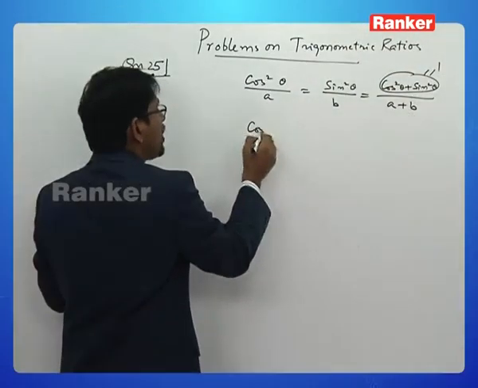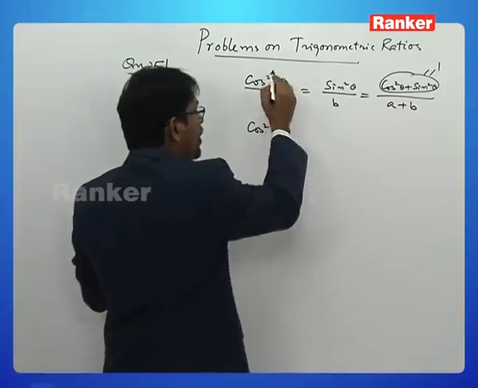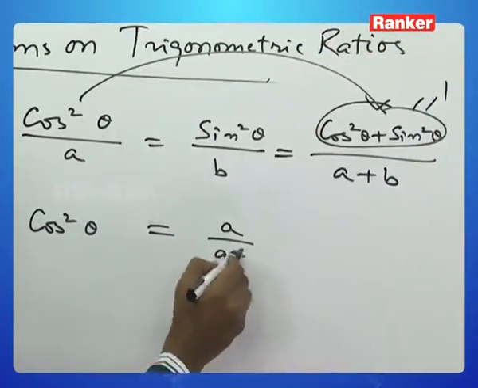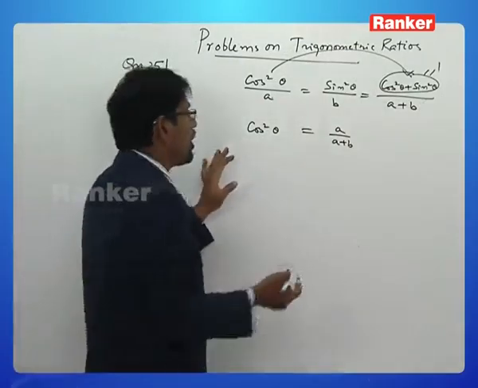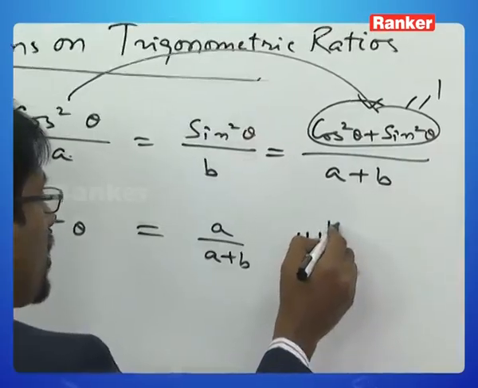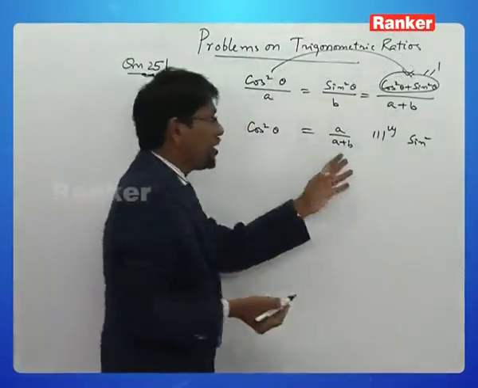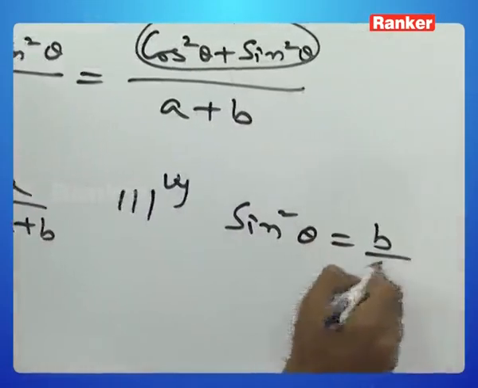So cos square theta will be A by A plus B, using the first and the last. Similarly, sin square theta is B by A plus B.